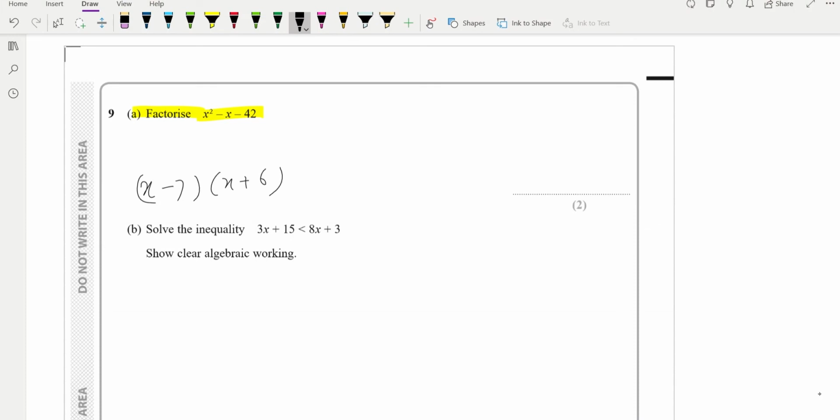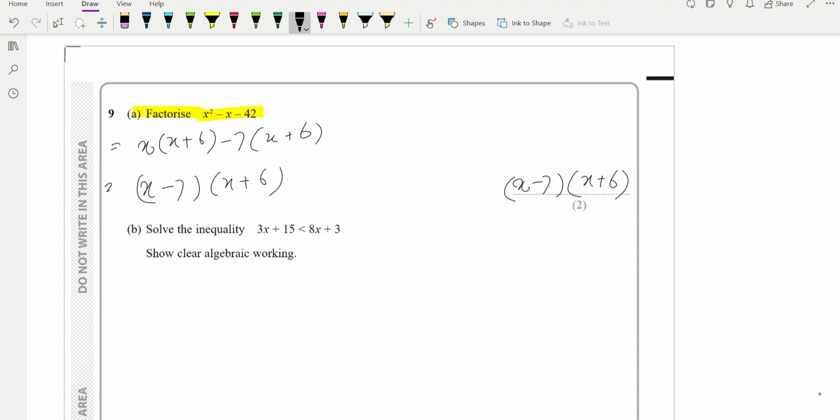As an intermediate step we can write x multiplied by x plus 6 and minus 7 multiplied by x plus 6, and this is basically done. So our factorization answer will be x minus 7 into x plus 6.